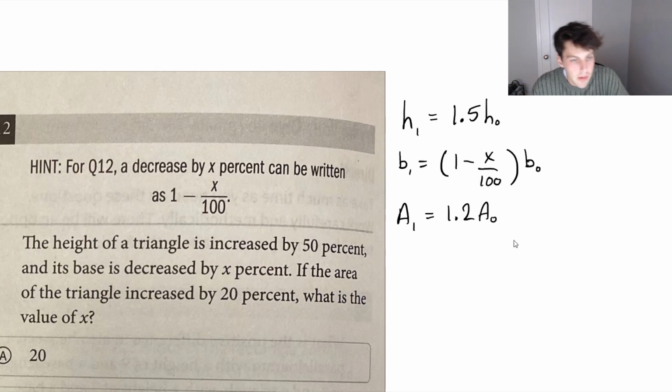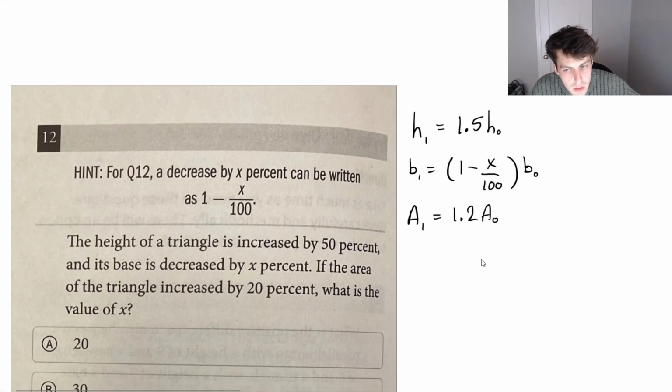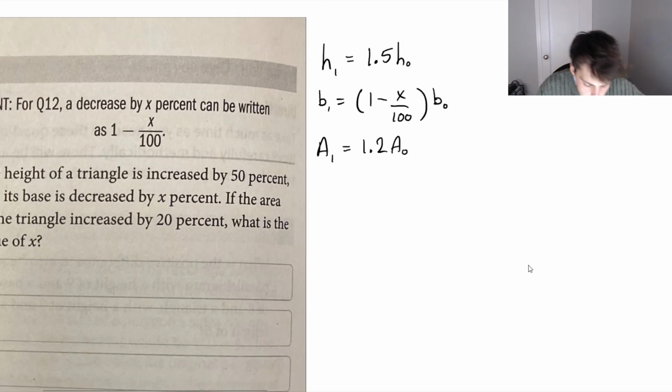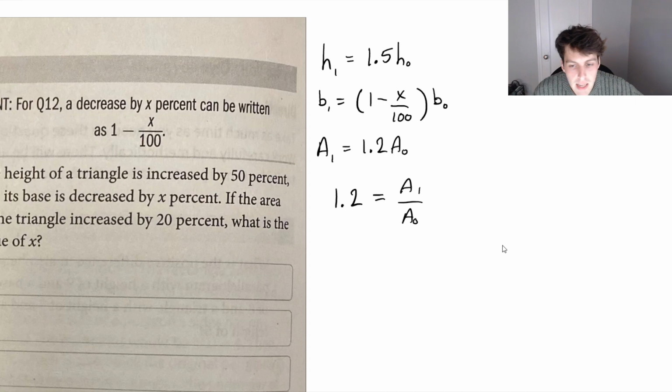So what we can do here with all of this info, we're asking to solve for x here. Okay, and we can totally do this. So we should notice here 1.2 is also equal to a1 over a naught. I like to set it up as a ratio here because then I can cancel out my unknown heights and bases.